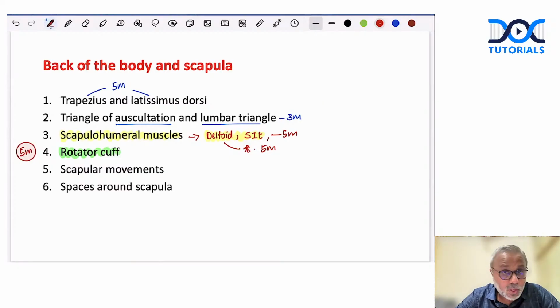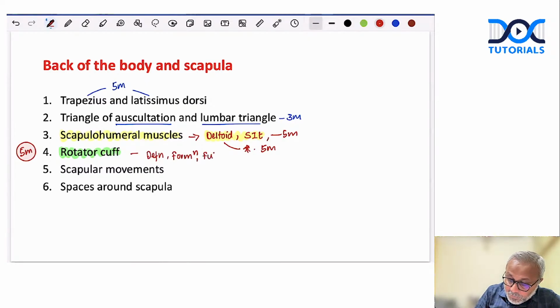What is the rotator cuff? How do we explain it? Define what is the rotator cuff, describe the formation of the rotator cuff, then talk about its function, and then talk about its clinical anatomy. What happens if the rotator cuff is damaged? For example, the rotator cuff supports the head of the humerus from above.